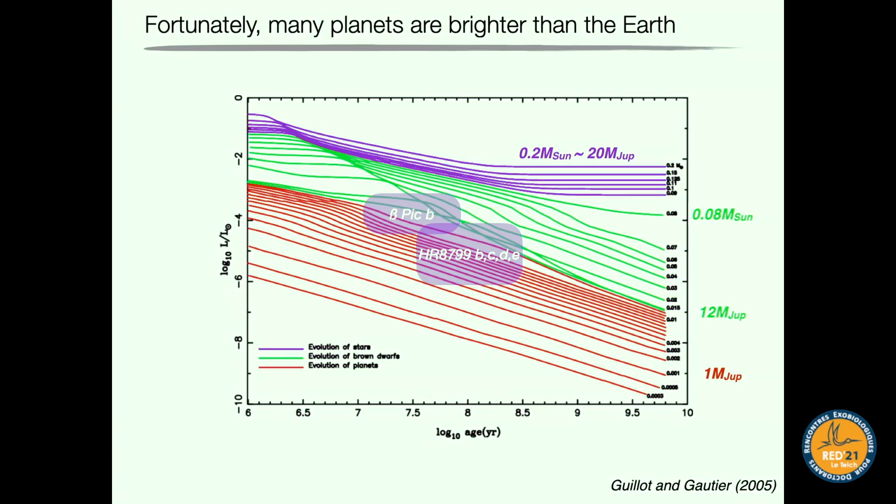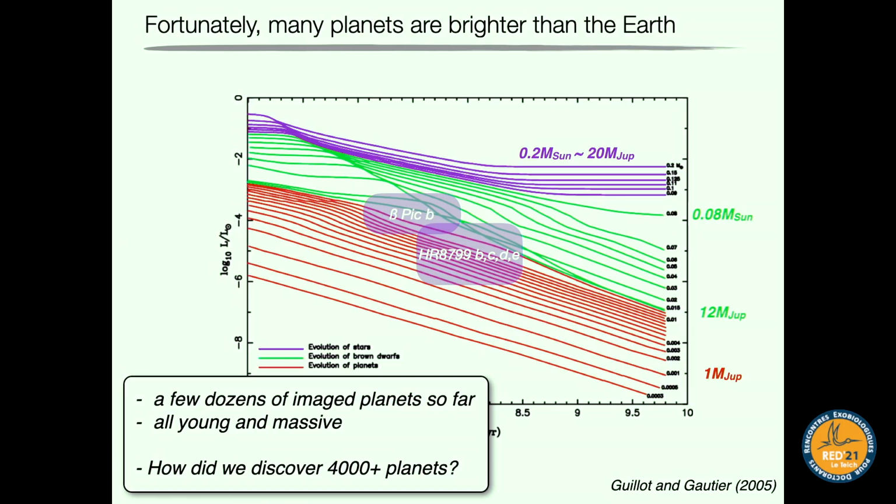The problem is that there are not that many young planets around us. And so that's why with this method, to date, we have only imaged dozens of planets. And so they are all young and massive.